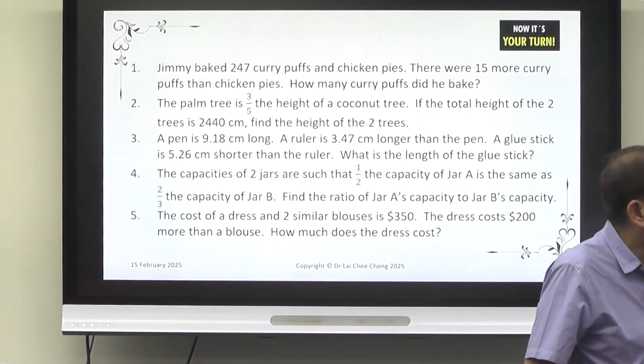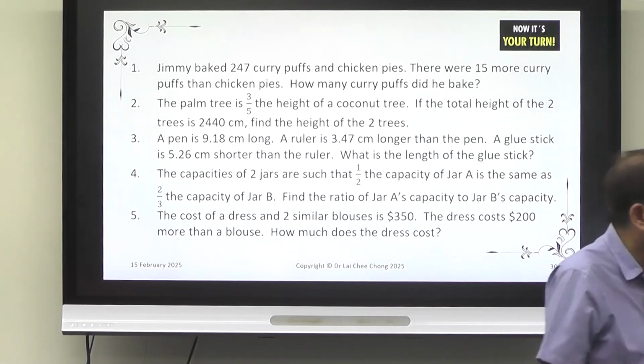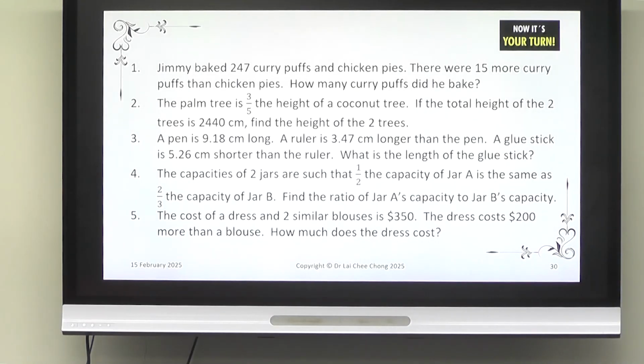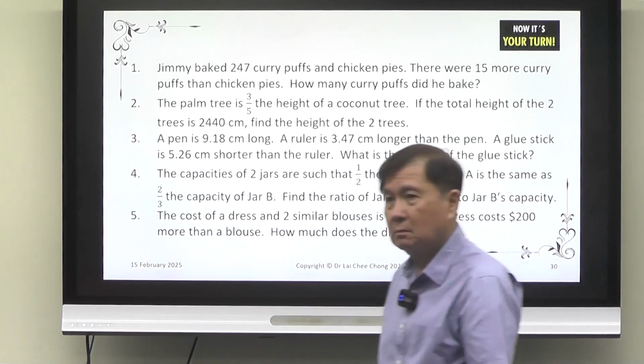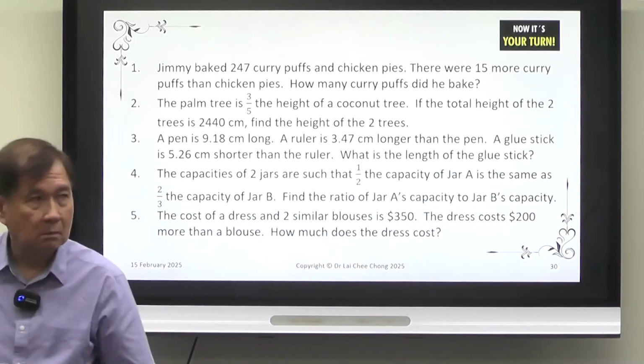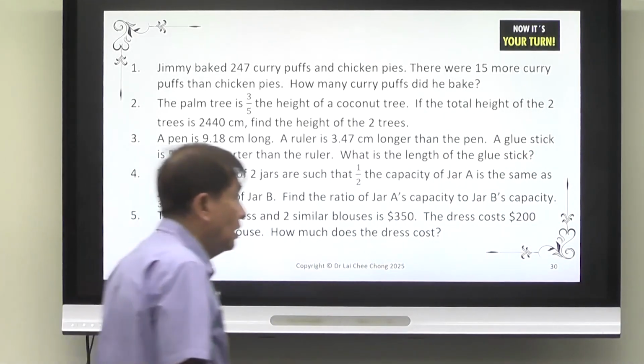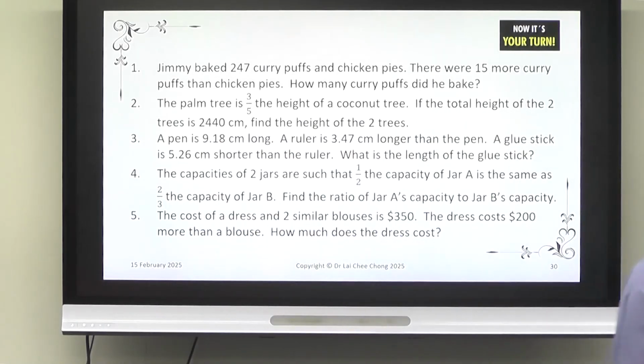I know that these 2 units together is equal to this one. Oh, sorry, get it. And once I have that, what's my answer?